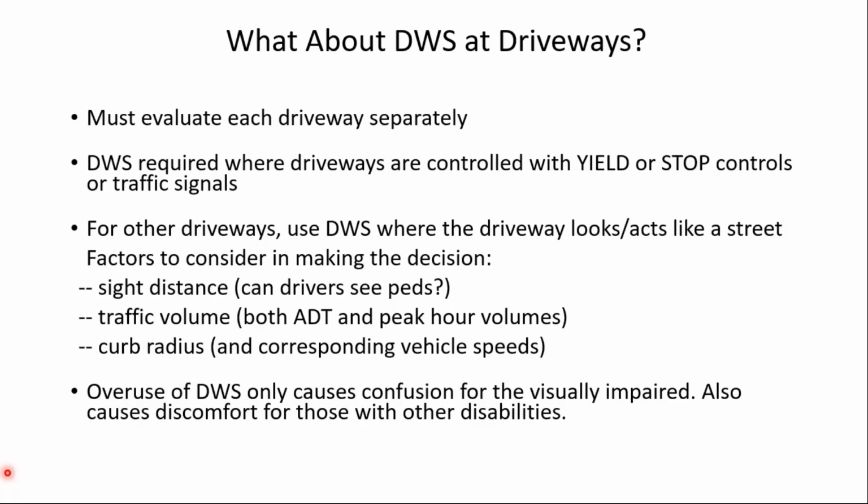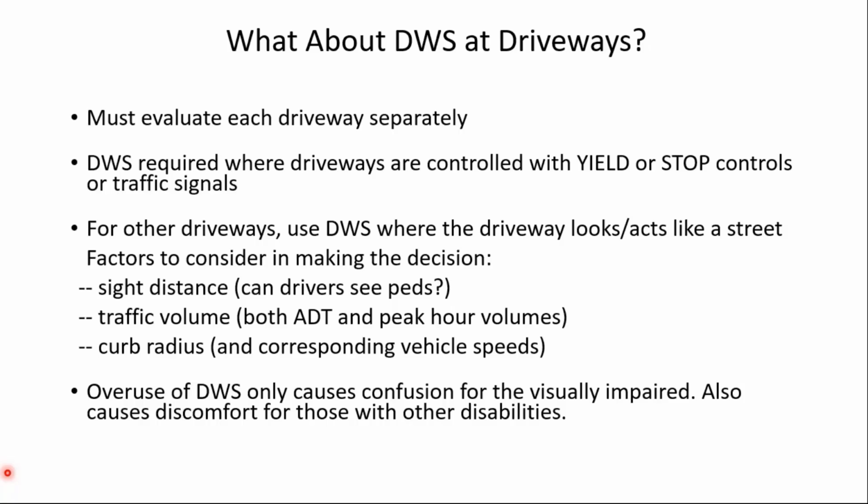I'd also look at curb radius. The larger the curb radius, of course, the higher the turning speed of vehicles. And if the curb radius is fairly large, I'd probably put in detectable warning surfaces where I might not for a small radius corner.